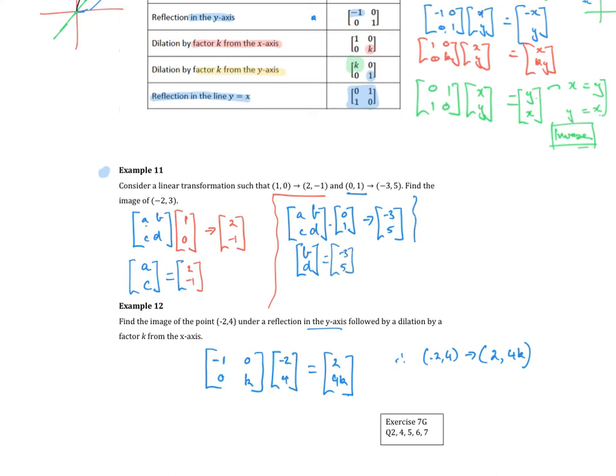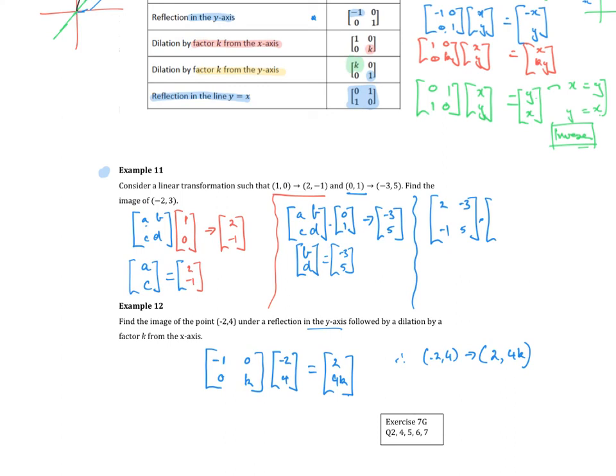So straight away, I can see that I've got the A, B, C, and D values. A is equal to 2, C is equal to -1, B is equal to -3, D is equal to 5. And that's my transformation matrix.